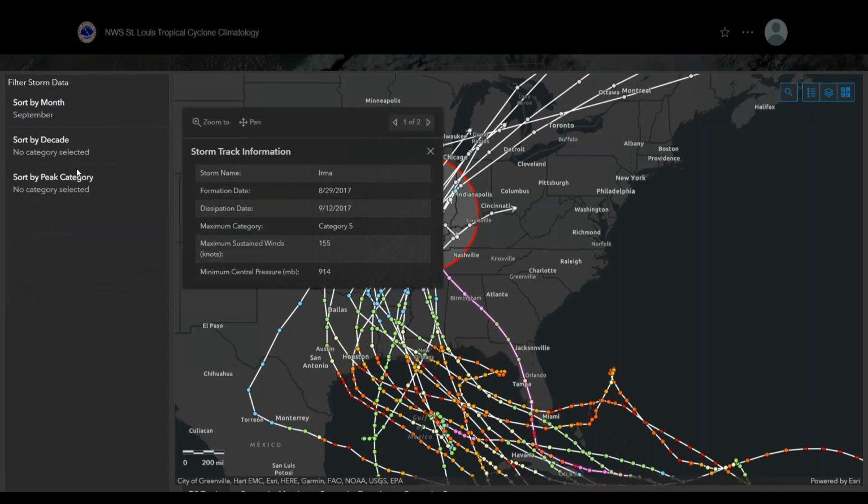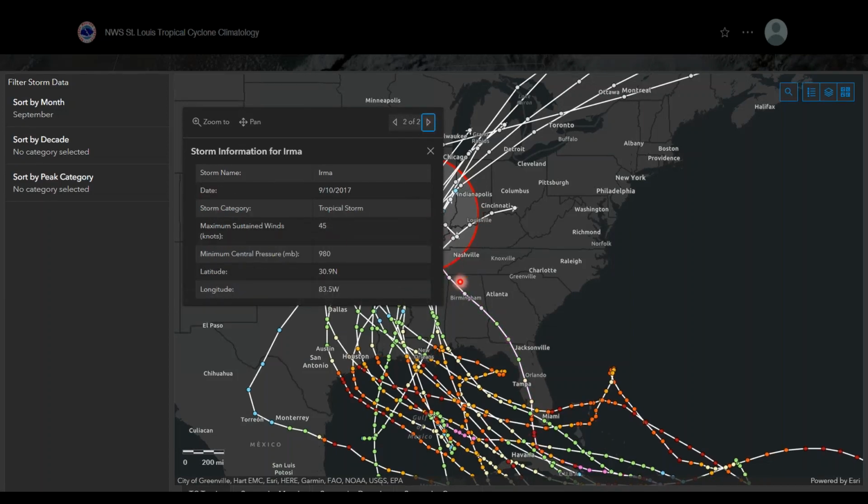What's really cool is you can click on these storms and it'll give you the information based off of what we had sorted through with the data, so that people can basically click on whatever point that they would like and get more information on that storm wherever that may have been.